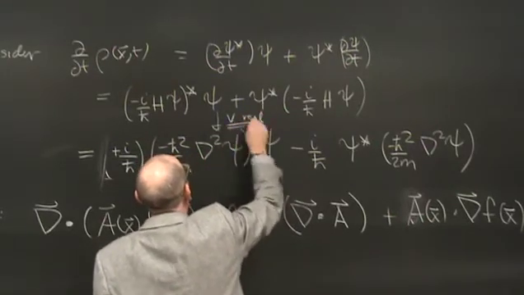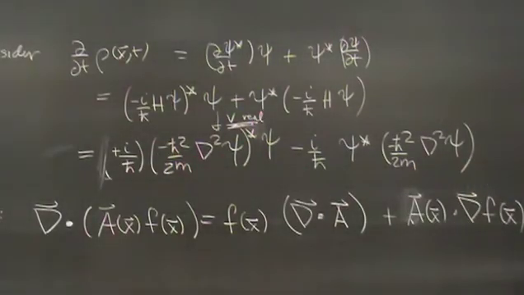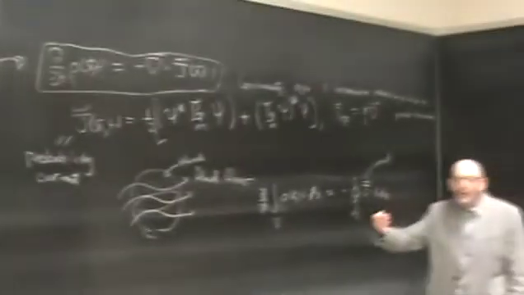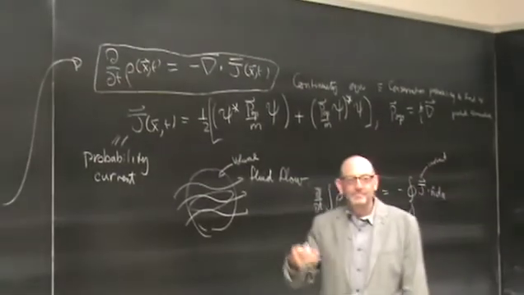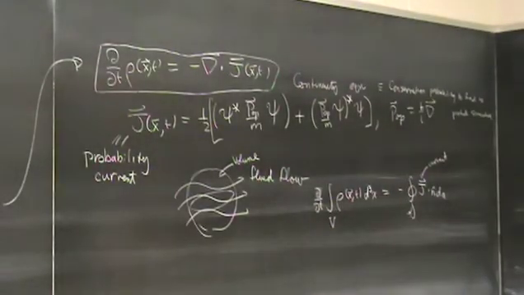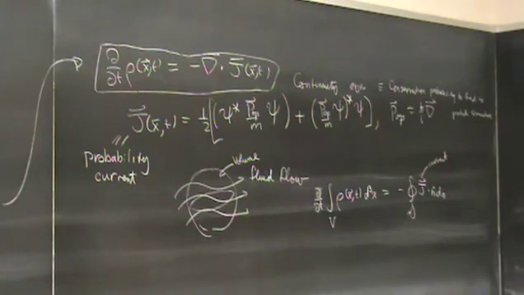So one way to mock up absorption of a particle is to put an imaginary part in the potential, kind of like you put an imaginary part in the index of refraction when you want to deal with absorption. Okay? Come to that a little bit later. All right, so probability current and conservation.